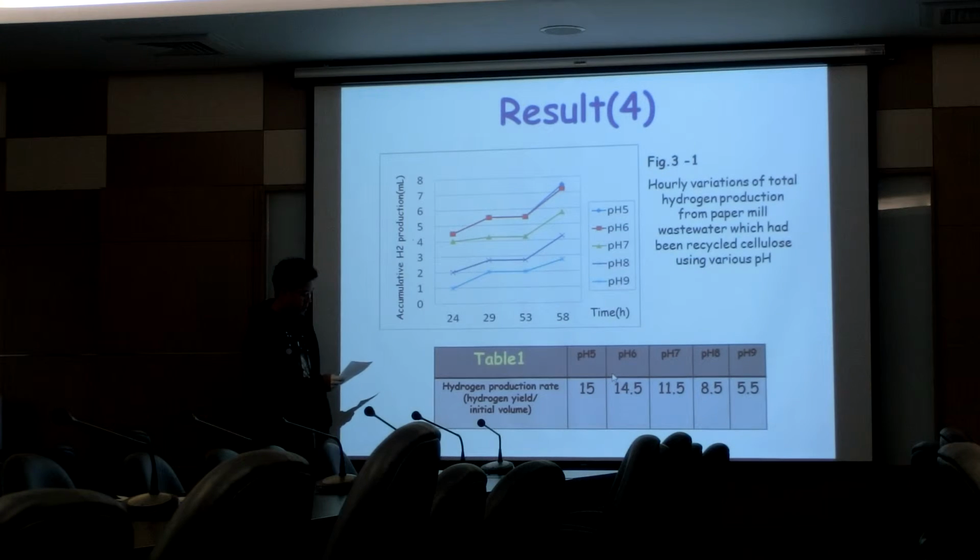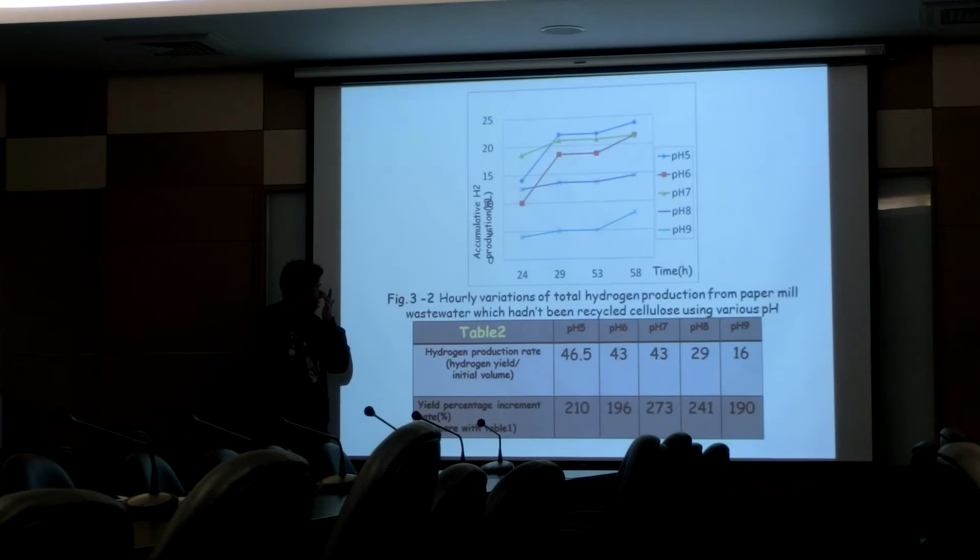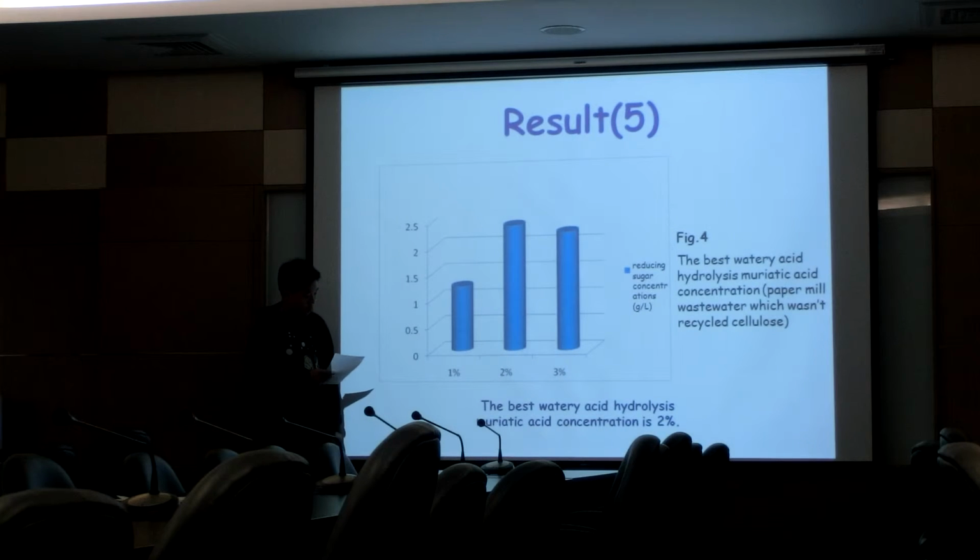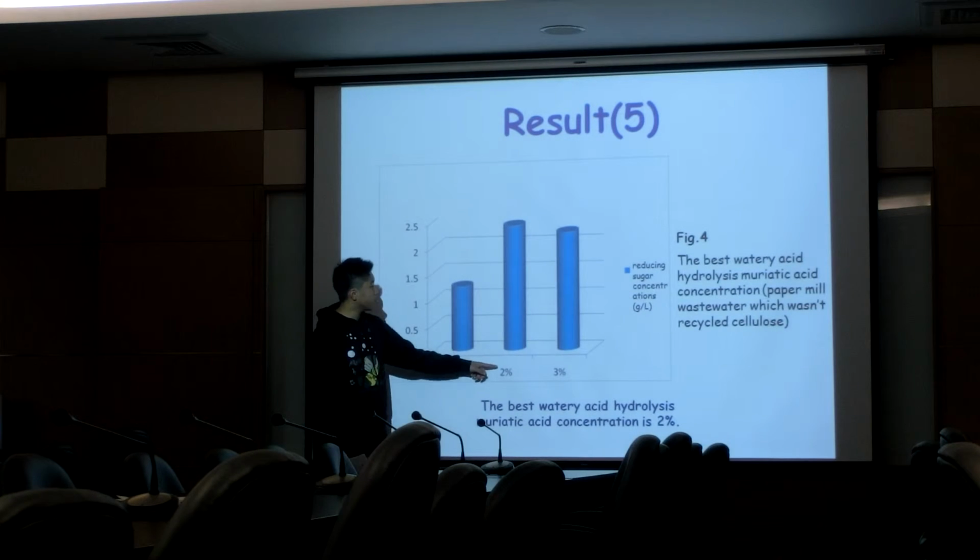The paper mill wastewater, both that has been recycled and that hadn't been recycled, has the best production at pH 5. The best concentration of hydrochloric acid for acid hydrolysis is 2%.